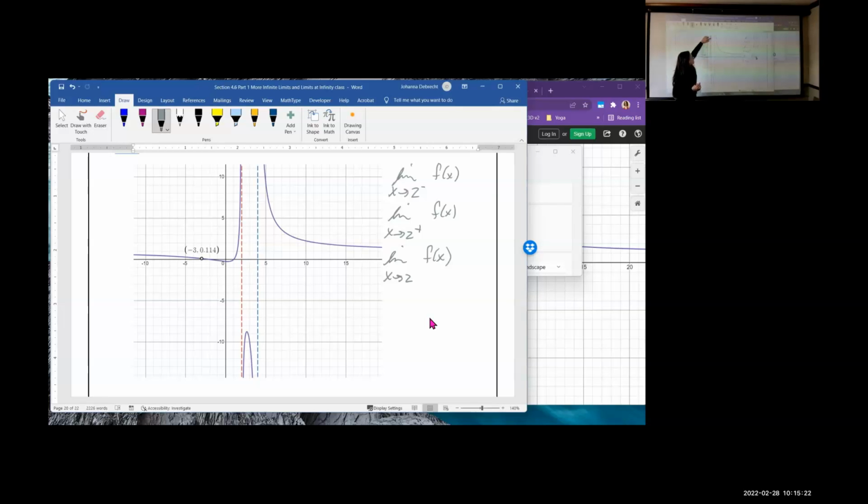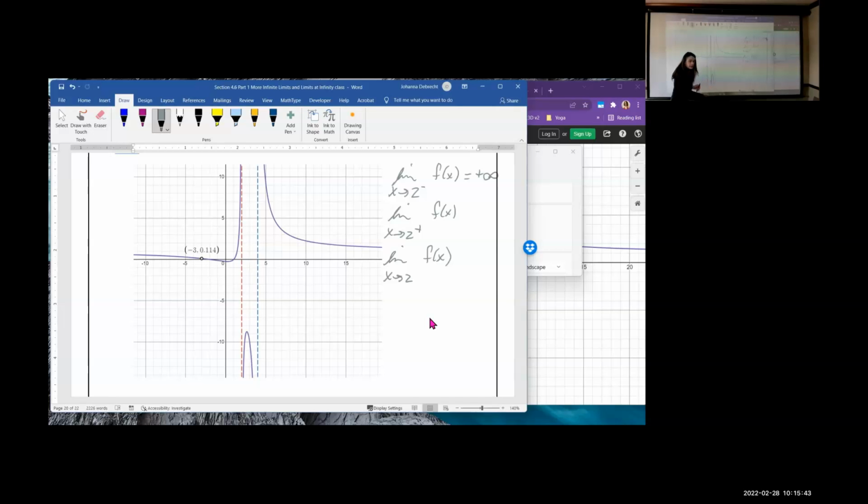Well, it looks to me like it's going to positive infinity. The y values are going to positive infinity. What about as I approach 2 from the right? So this is from the right side of 2. So find the right side of 2, which is down here, and approach 2, but from the right.